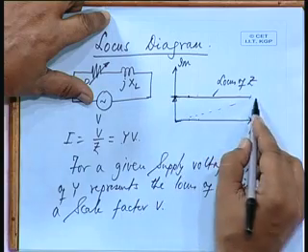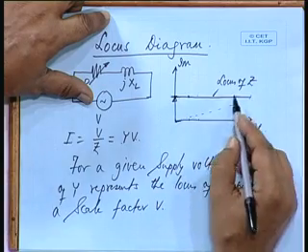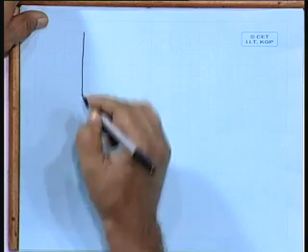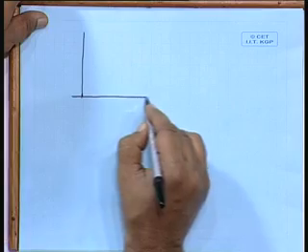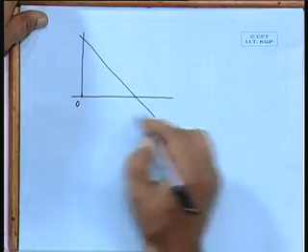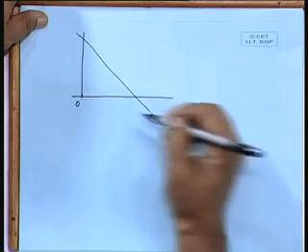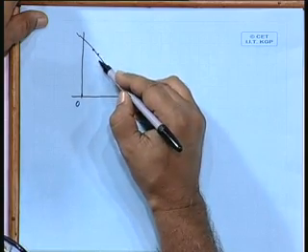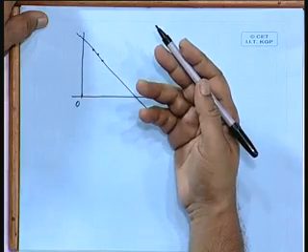So, our first task is to find the locus of a straight line like this, inverse of a straight line. Let us take any straight line and find its inverse. What is the inverse of this straight line? This is the origin, this is a straight line. I want to know for any point on this straight line what will be the corresponding inverse.